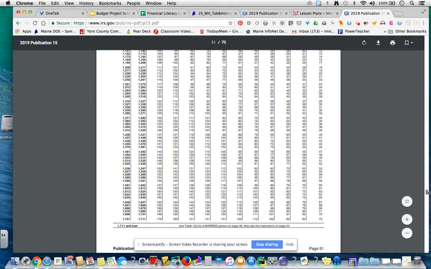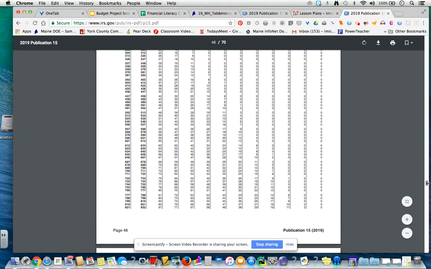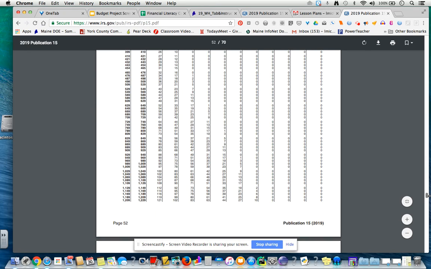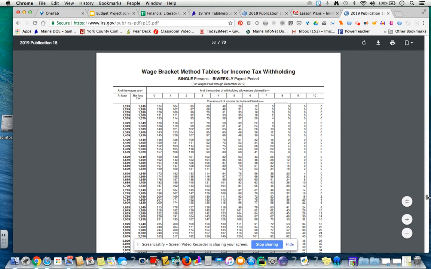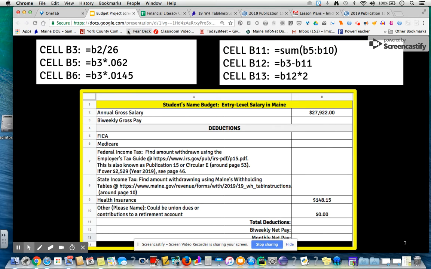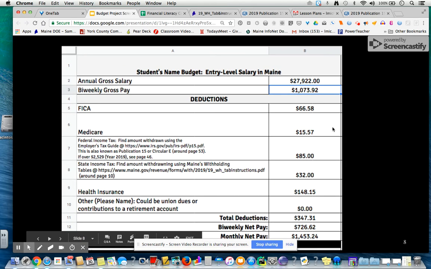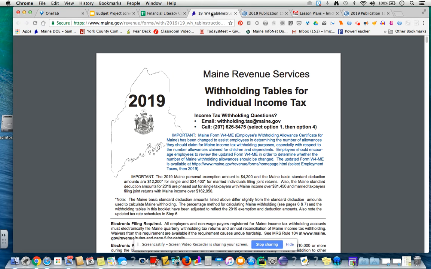We're looking for single biweekly. And so what we're looking up is the biweekly gross pay for that. So we're looking up $1,073.92. Let's assume we're single and we claim one withholding allowance.